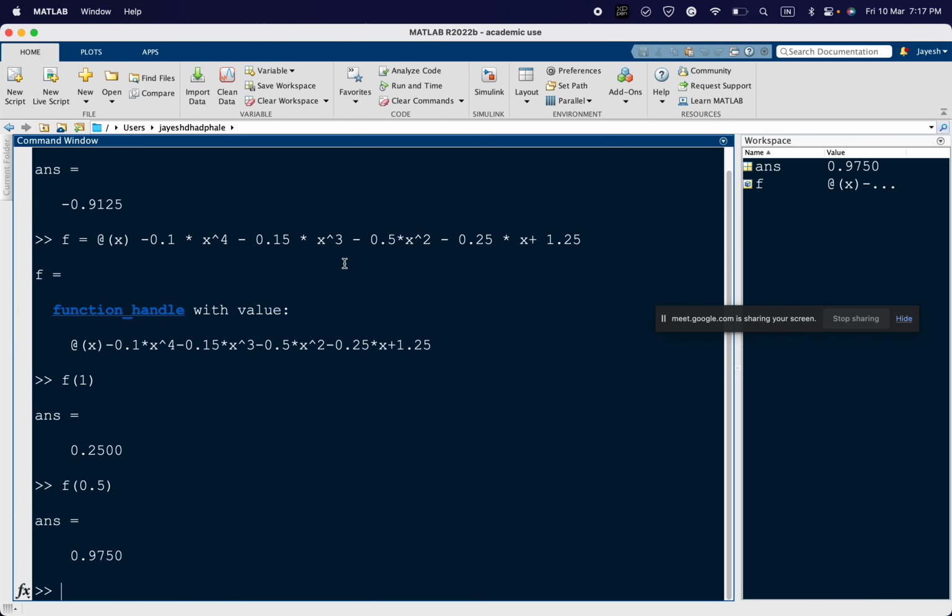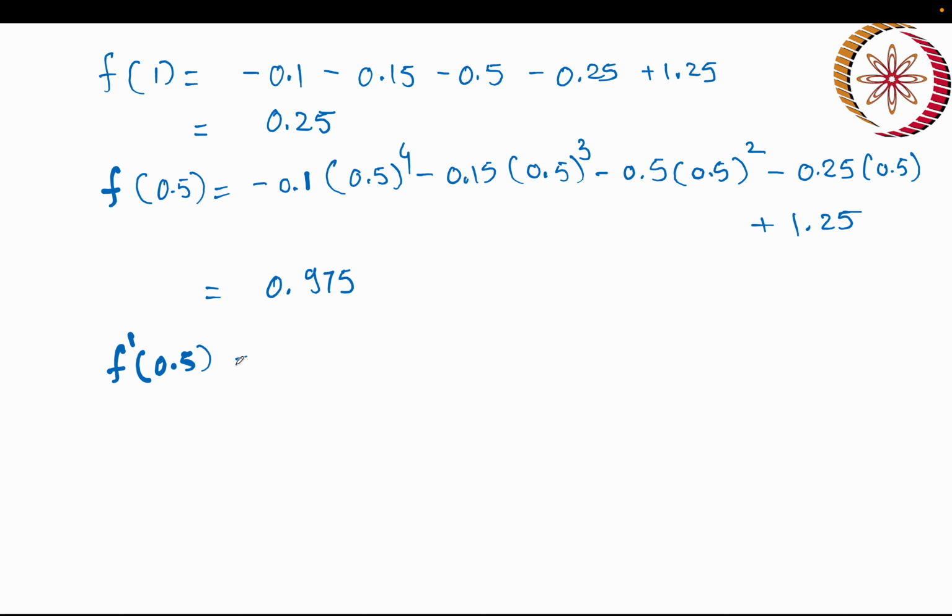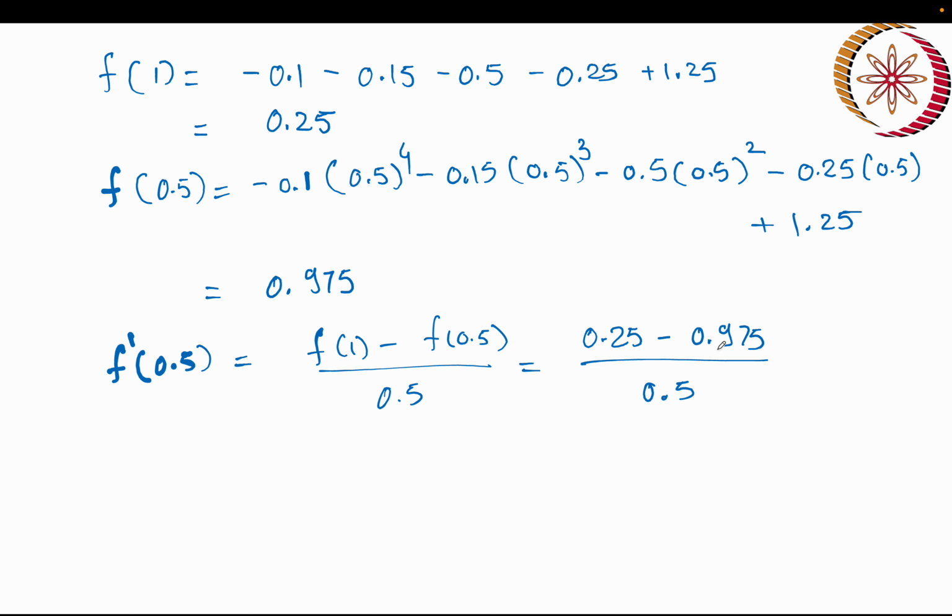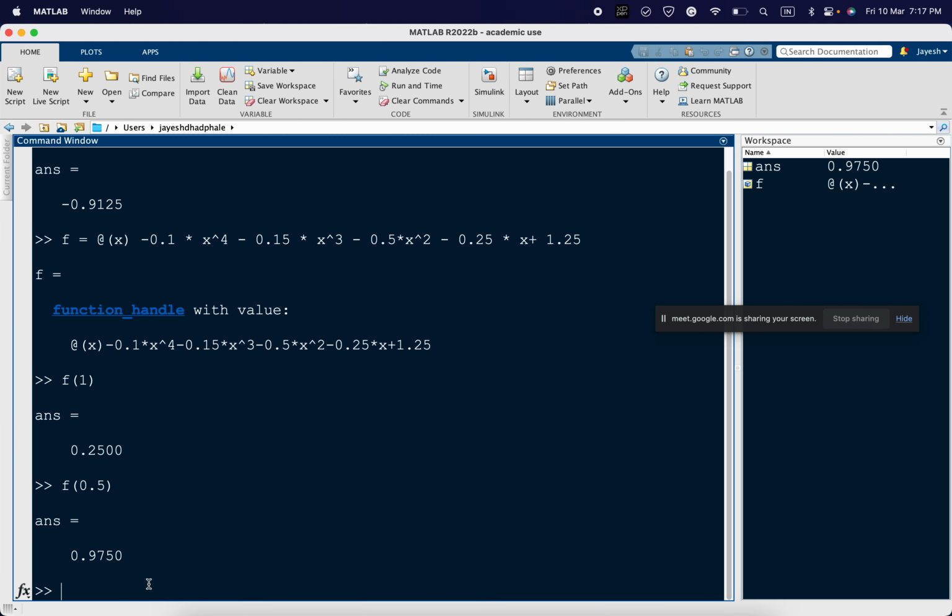Okay, so we want f dash at 0.5, which is nothing but f of 1 minus f of 0.5, divided by 0.5. So we'll use 0.25 minus 0.975, divided by 0.5.